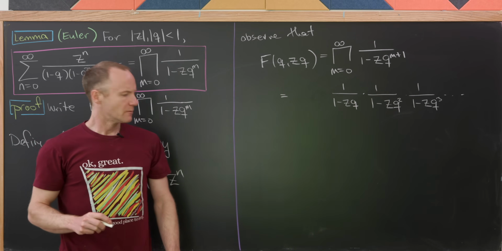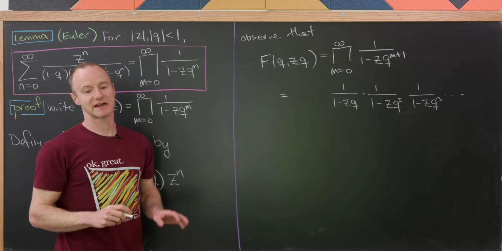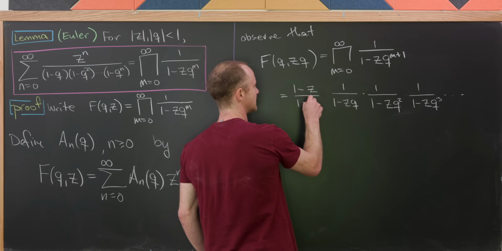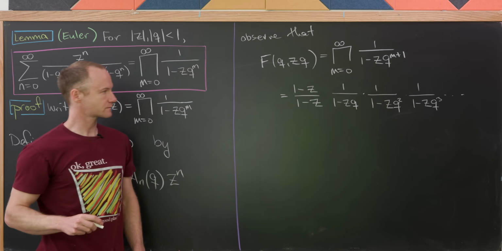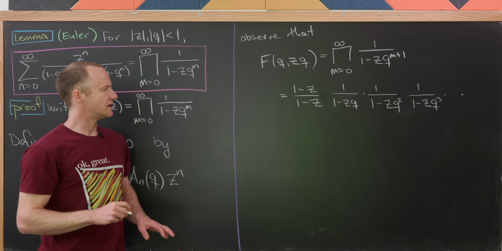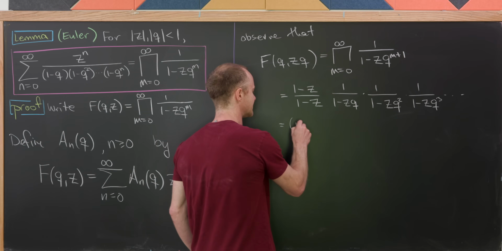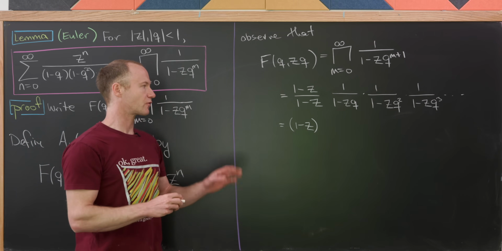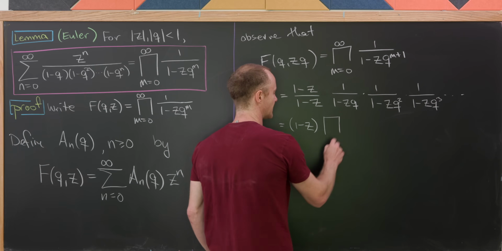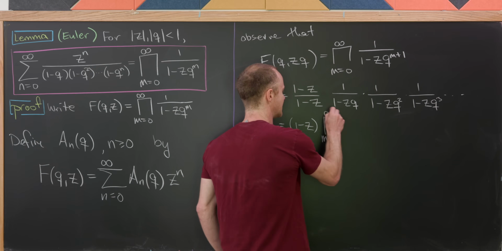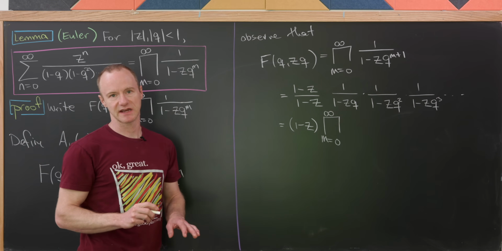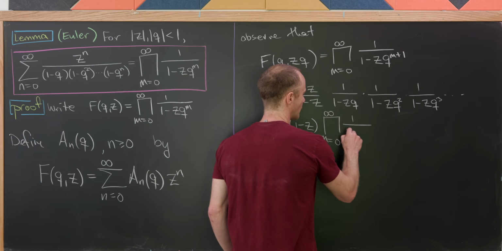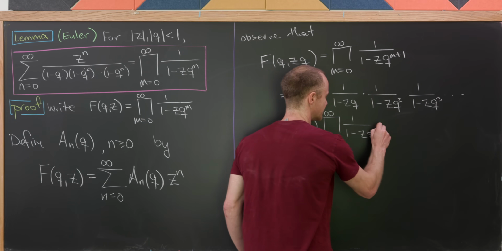Great. But now what I'd like to do is multiply by a special version of 1. And that version of 1 is 1 minus z over 1 minus z. Now we can take this 1 minus z out front, the one that's in the numerator, and rewrite the rest of it as a new infinite product. I'm going to use the same index here because I don't think it's super confusing. We'll take the product as m goes from 0 to infinity of 1 over 1 minus z times q to the m.